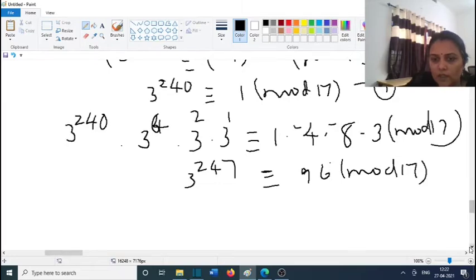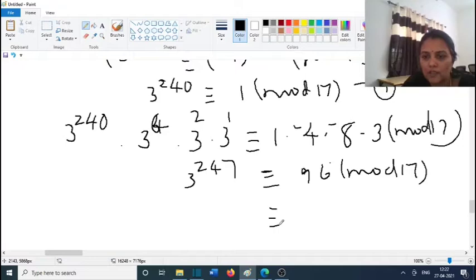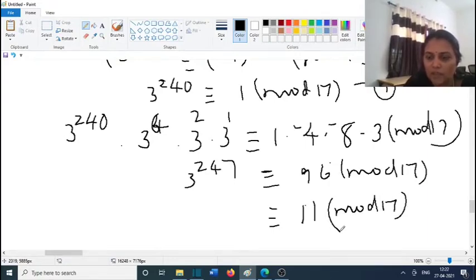So this is congruent to 17 into 5, which is 85. So this is 11 mod 17. We subtract the multiples of 17. So 96 minus the multiple of 17, which is 85, is equal to 11.